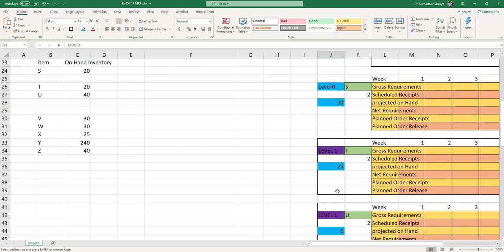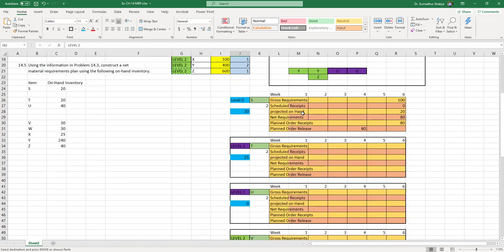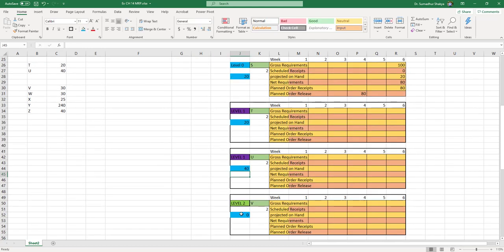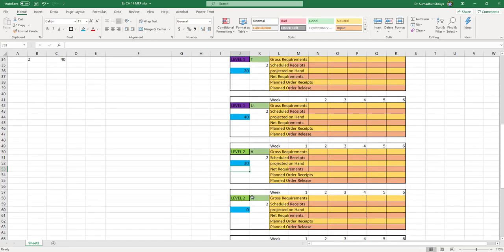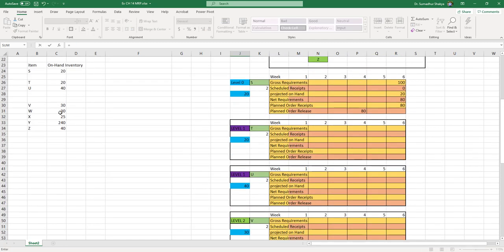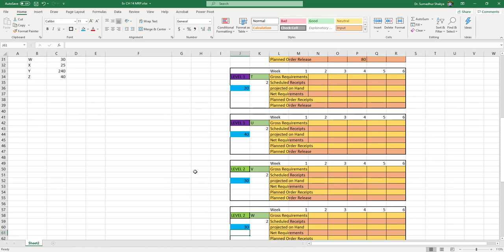Similarly, let me zoom out and make these equal signs there. So for T, it's 20. Then for U, it's 40. For V, it's 30. For W, it's 30 again.